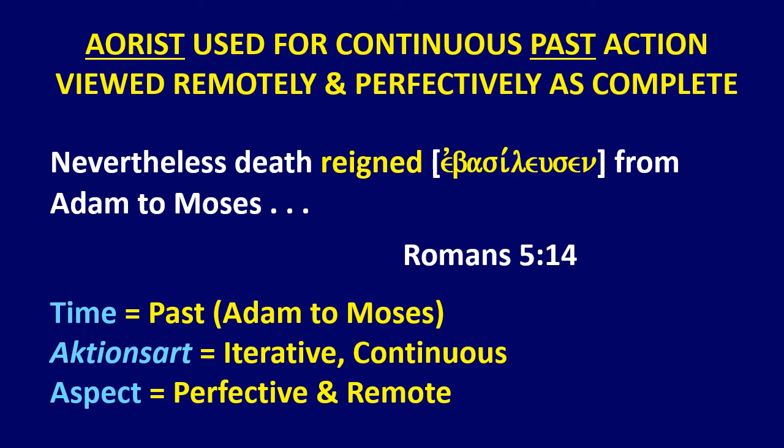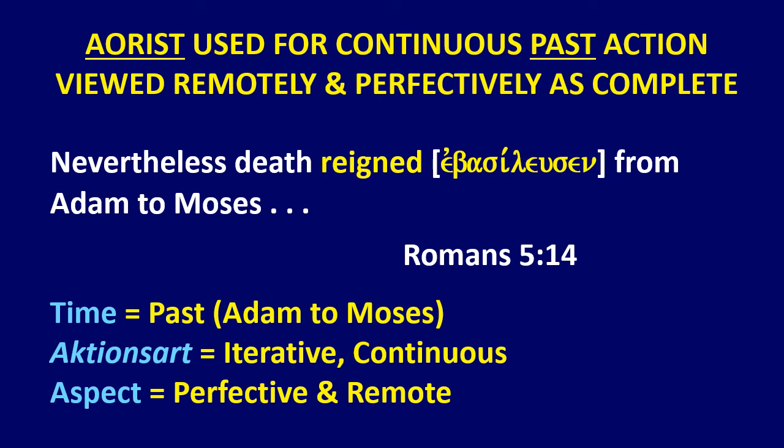When it comes to the kind of action, the action sart, death reigning is something that occurred continuously and iteratively with every individual who died day after day after day. So this was something that was ongoing. And I say this because sometimes people say that the aorist refers to a once-for-all act in past time.